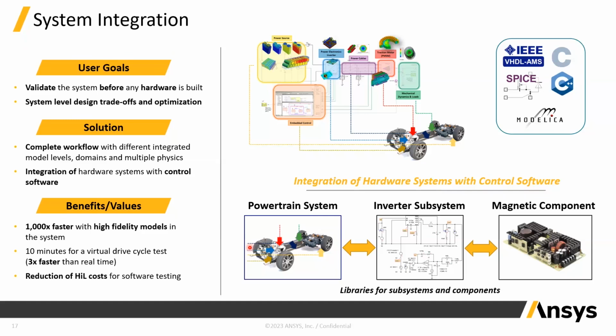And as I mentioned, integrate the hardware system with the control software. Hardware system in our case relates to reduced order models coming from 3D physics-based solutions, and the control software is embedded control code in the system simulation.